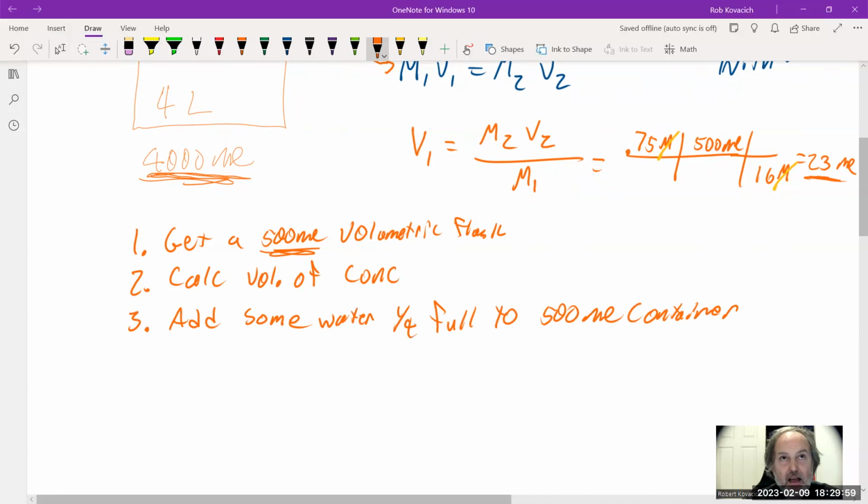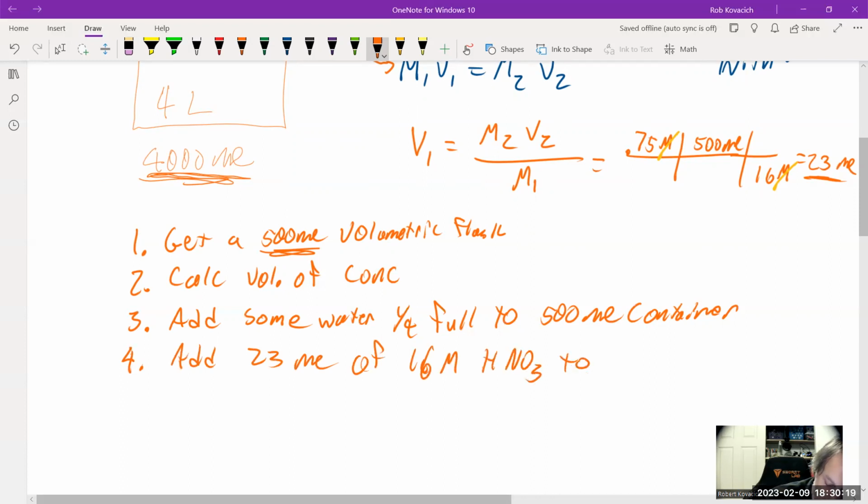We don't put acid in a container and then add water to it, because it causes a bunch of splashing and splattering. So then step 4 is going to be add 23 milliliters of 16 molar nitric acid to the 500 milliliter container.